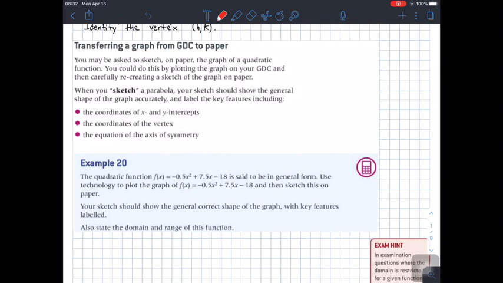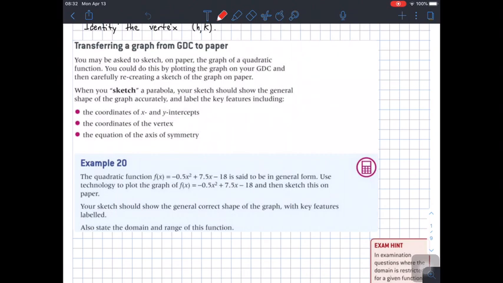You may be asked to sketch on paper the graph of a quadratic function. You could do this by plotting the graph on your GDC and then carefully recreating a sketch of the graph on paper. Here we're defining the term sketch.